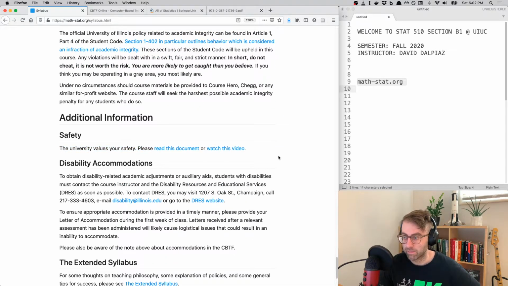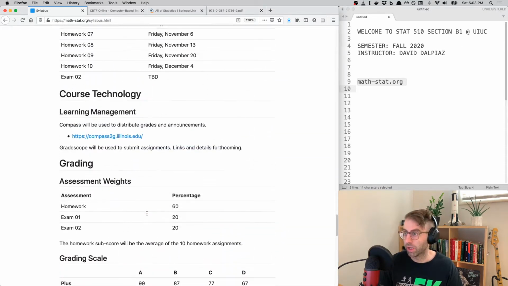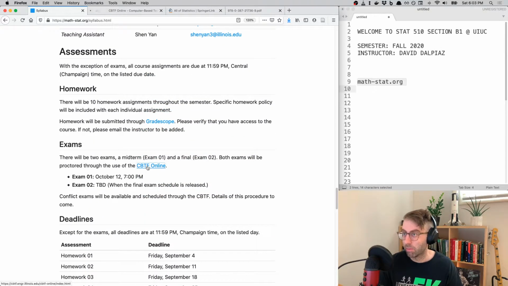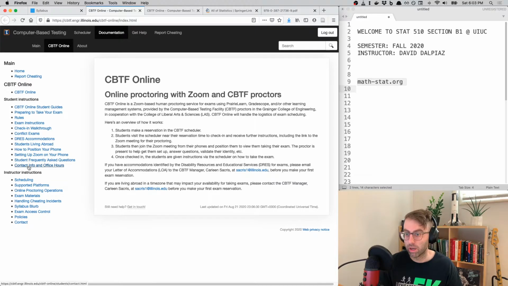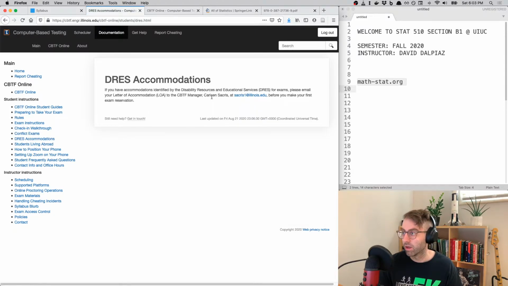Some safety information. If you're a student that's registered with DRES, please get me your accommodation letter. Although actually, the more important person to get the accommodation letter to is not myself, but Carlene with the CBTF.